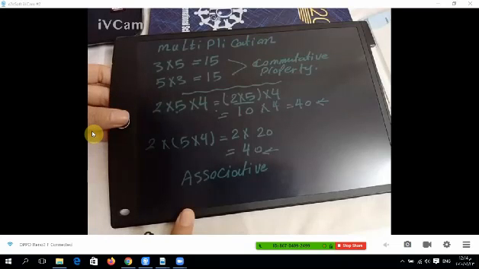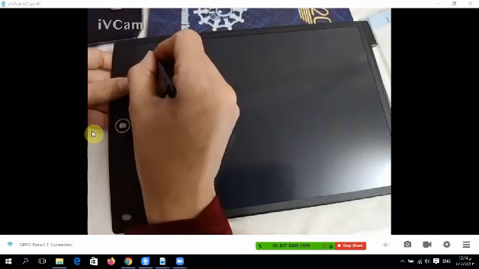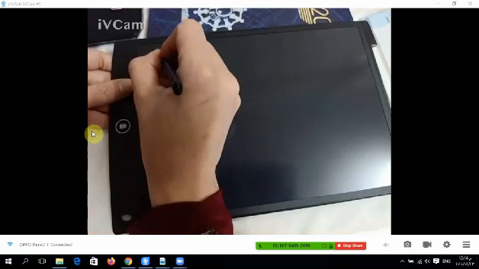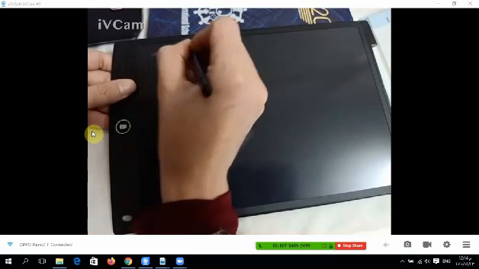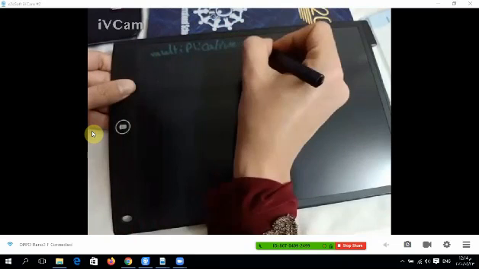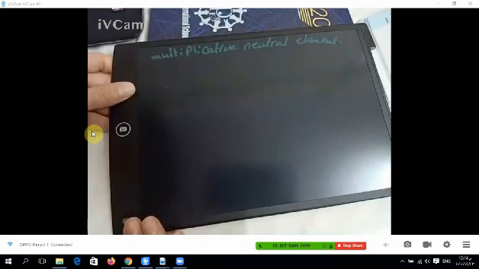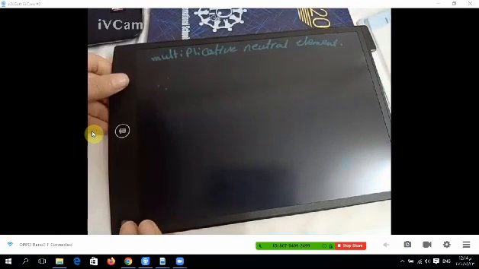Okay, what about the multiplicative neutral? The neutral element is something that if I multiply it with anything will not change the answer.